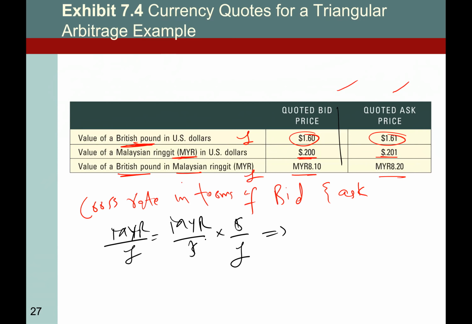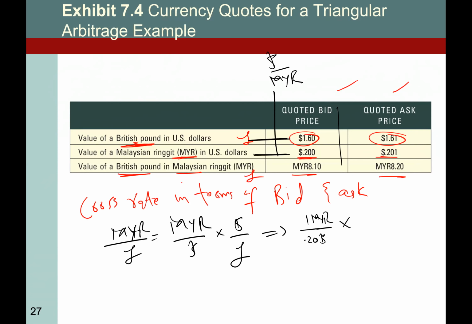So do we have the Malaysian ringgit over dollar? We have here dollar over MYR. We can just reverse it. This is 1 divided by 0.20 dollar. Do we have dollar over pound?